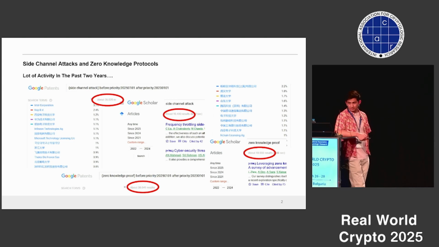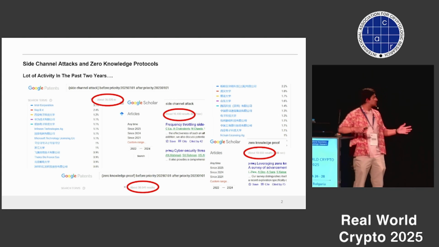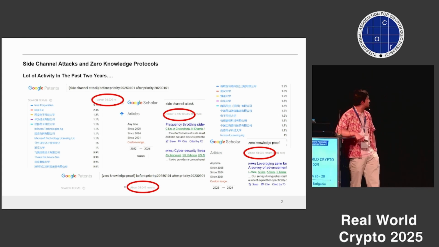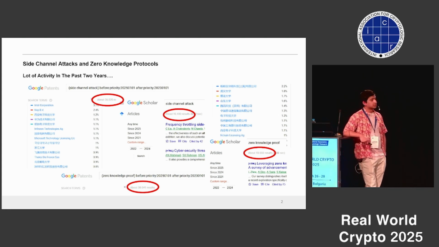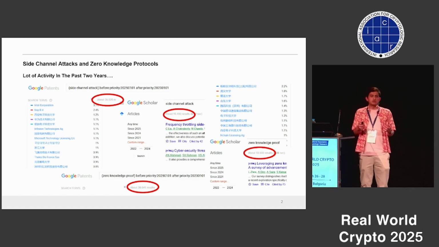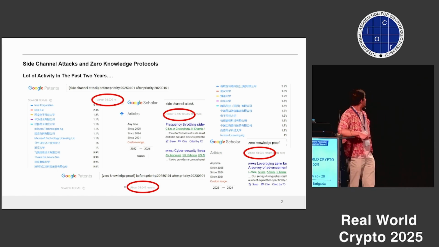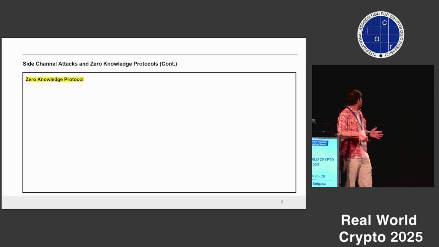Looking into these two separate domains of side channel attacks and zero-knowledge protocols, just from the past 2 years we see there's a lot of activity, both in terms of industry patents and in the academic sense. So the question we asked ourselves was, how does it look when these two directions are combined?